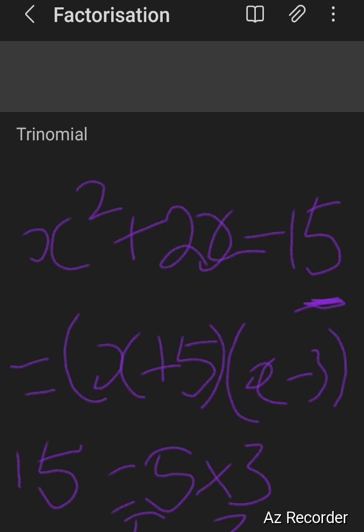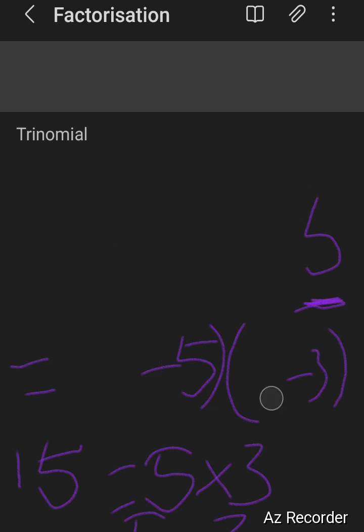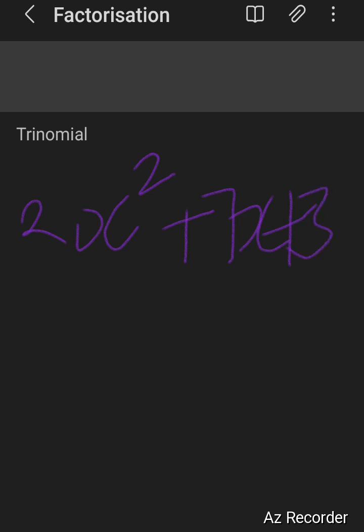That's how you can factorize our second trinomial. Let's look at our third trinomial. You're given 2x squared plus 7x plus 3. Consider this. When you're given such a trinomial, in this method, guys, you can see that we have our first coefficient as 2.